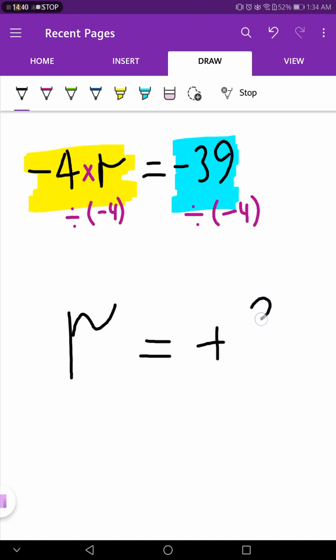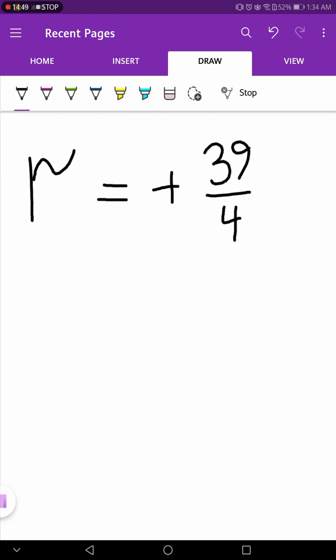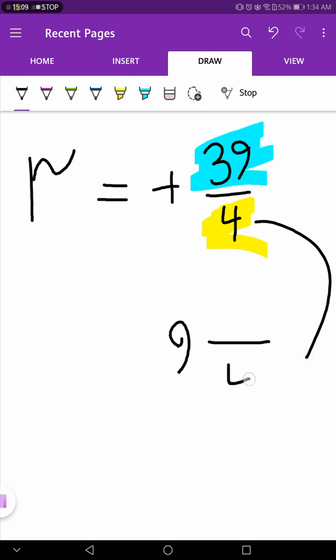Now 39 over 4. You can ask a question here, and this question helps you write this improper fraction as a mixed number. How many 4s in 39? Can you tell me? Yes, it is 9. So you write the 9 here, and you draw this line and write the 4 here.